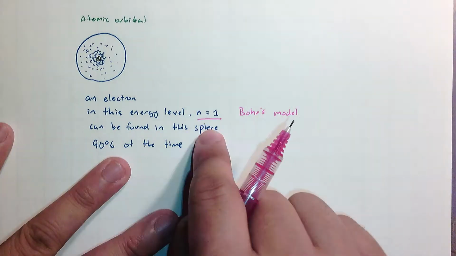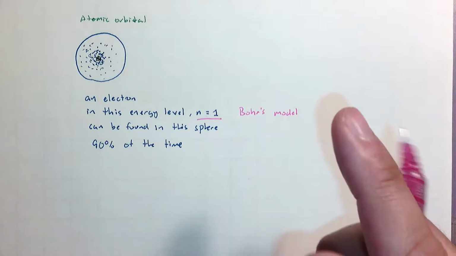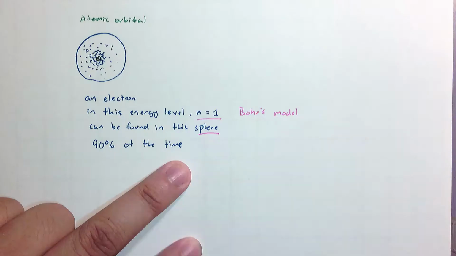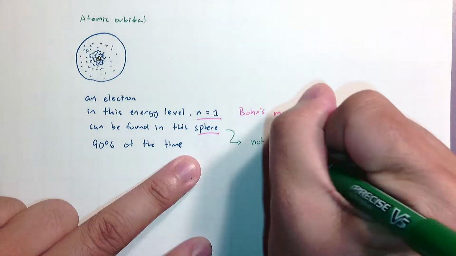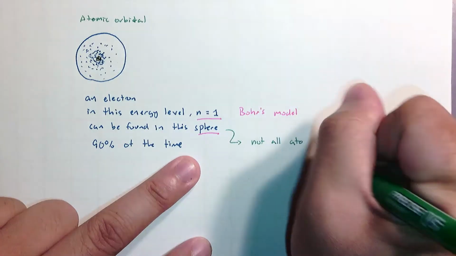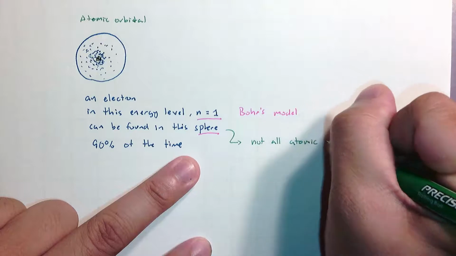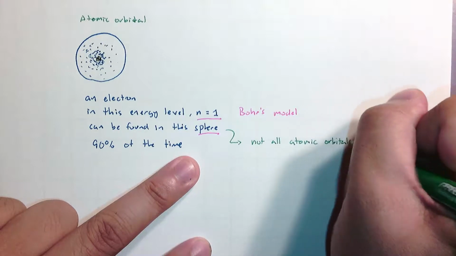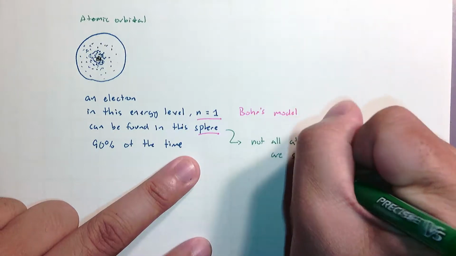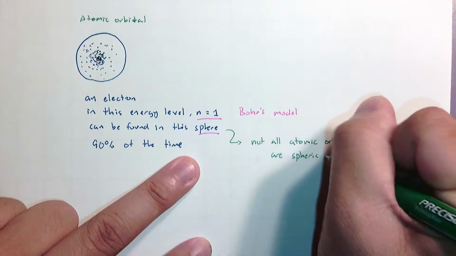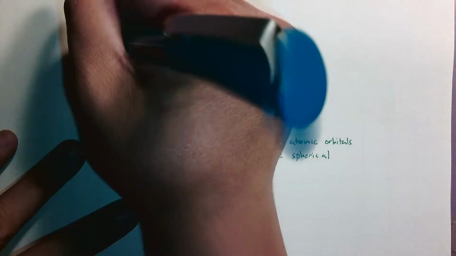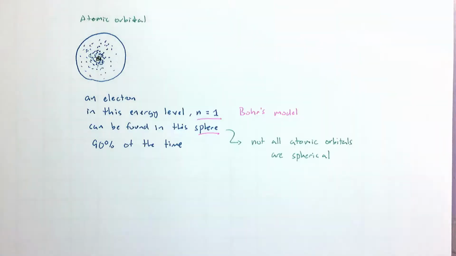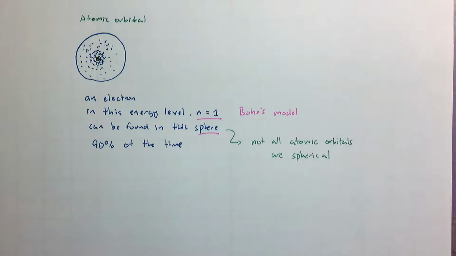The atomic orbital, when n equals 1, is spherical. But I do want to warn you, not all atomic orbitals are spherical.